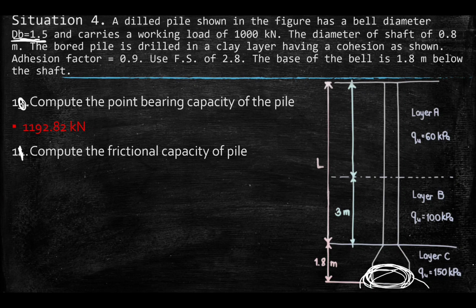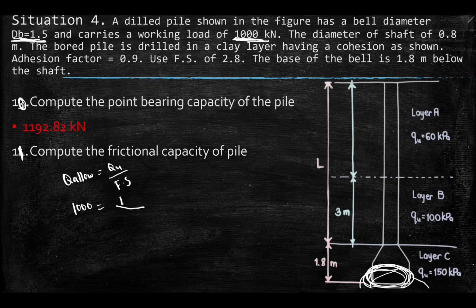Since meron naman tayong given dyan na working load, again, kung hindi nyo maalala, ang working load natin, yan lang yung ating allowable capacity. Okay? So, we can make use again ng ating formula na Q allow is equal to QU over Fs. So, ang allowable natin is 1000 kN. Ang QU natin ulit is just EB plus SF.